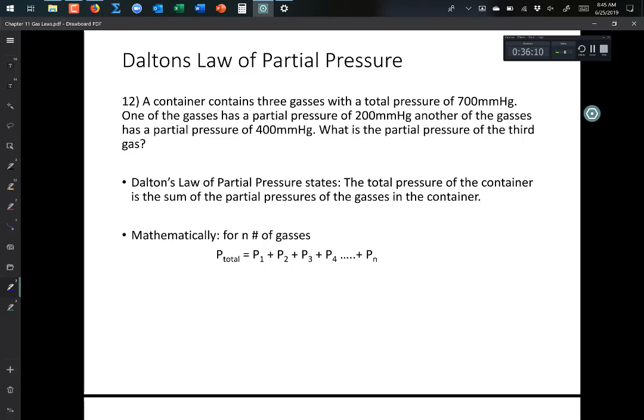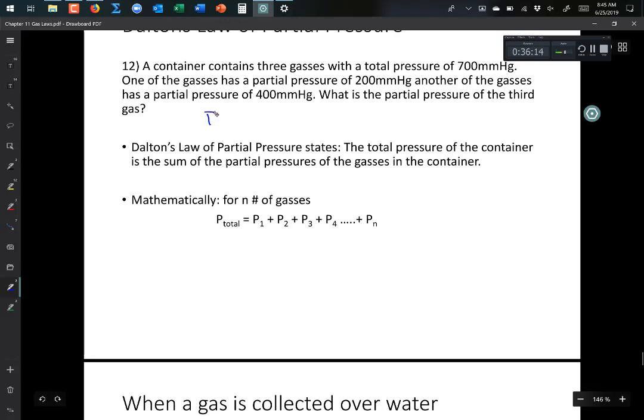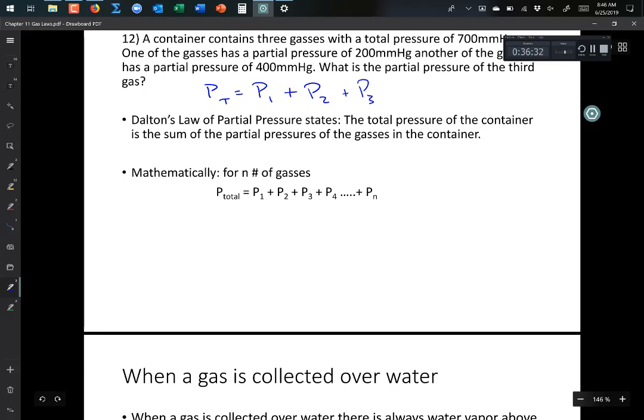So I'm going to show you how you write it out, like Dalton would have written it out. Dalton, atomic theory Dalton. He would have said pressure total is equal to the pressure of the first plus the pressure of the second plus the pressure of the third. And so he would have said pressure of the third is the pressure total minus P1 minus P2.